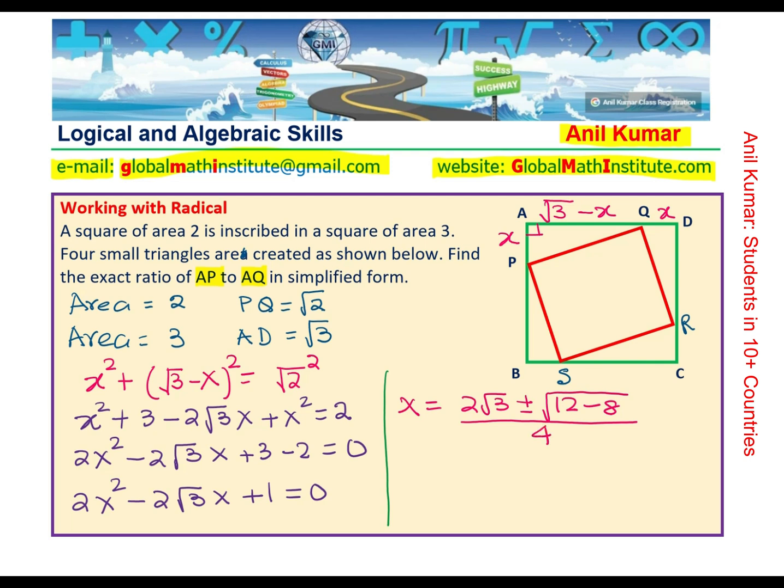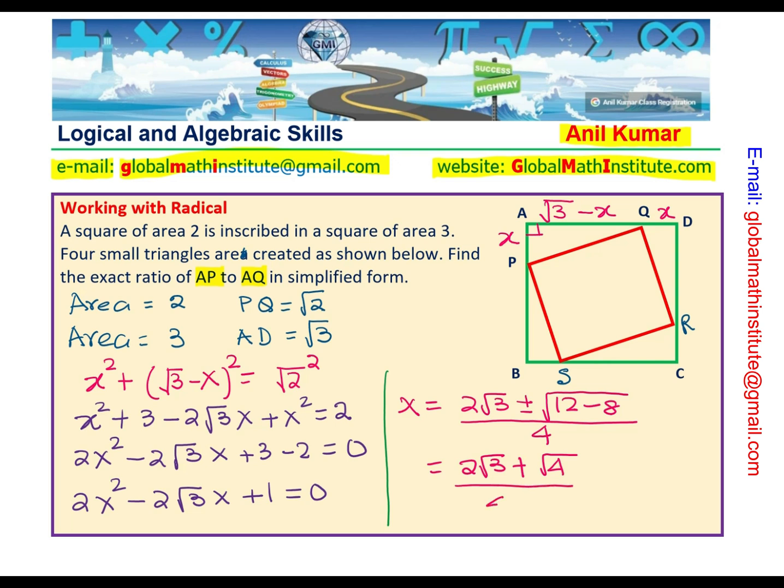So that gives you 2 square root 3 plus minus square root of 12 minus 8, which is 4, over 4, right? And we can now write this as 2 square root 3 plus minus 2 over 4. And we can simplify this.